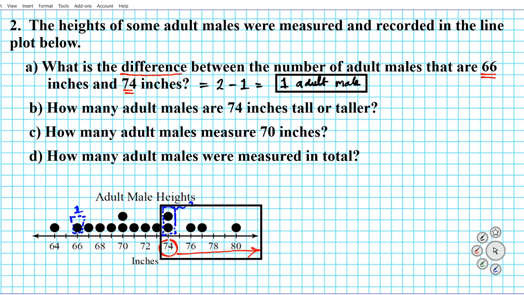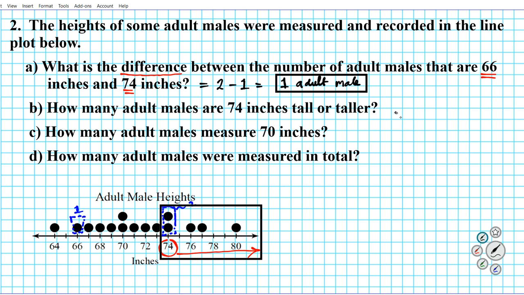Taller means greater, right? So just count the number of points that are above 74 or greater, basically from 74 to 80, because that's the range that fits this particular interval. All right, so how many dots above the horizontal line? How many dots are there from 74 all the way to 80? If you count them, you have 1, 2, 3, 4, 5. Are there a total of 5 points?